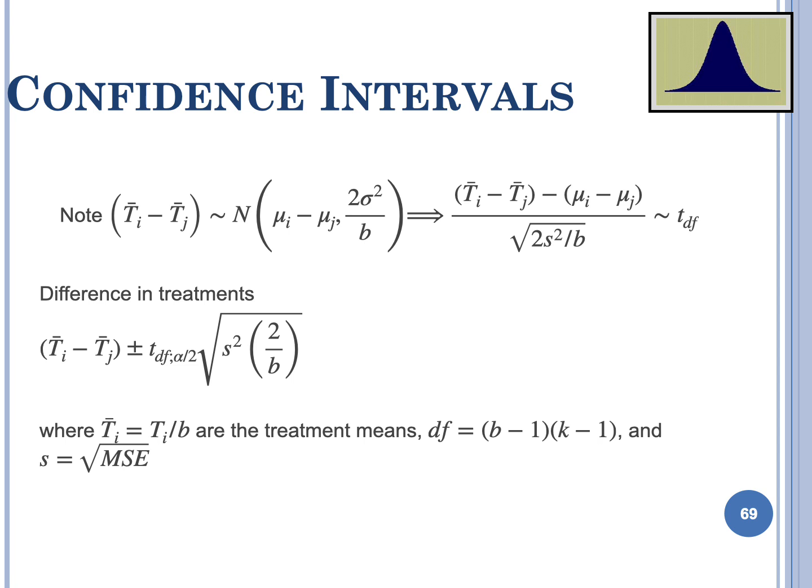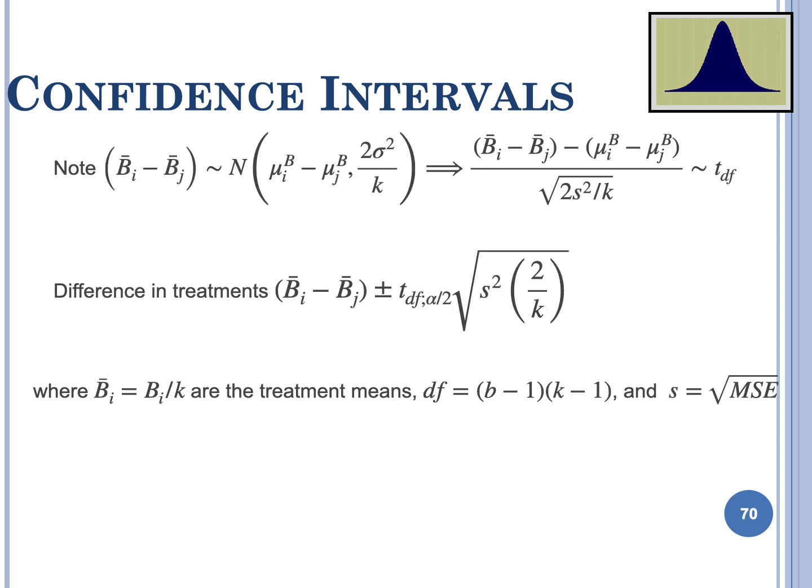You can see that it's 2 times sigma squared divided by b, because when calculating a treatment mean, you use b observations. With this distribution, we can standardize the treatment means difference. Once you standardize it as a t distribution, you can derive its interval estimate for the difference in treatment means as the following formula.